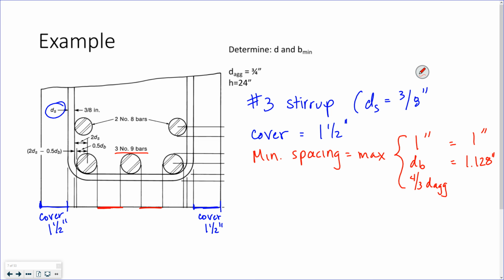Four-thirds of my aggregate, 4/3 times 3/4 of an inch, is 1 inch. So my minimum spacing horizontally is 1.128 inches.